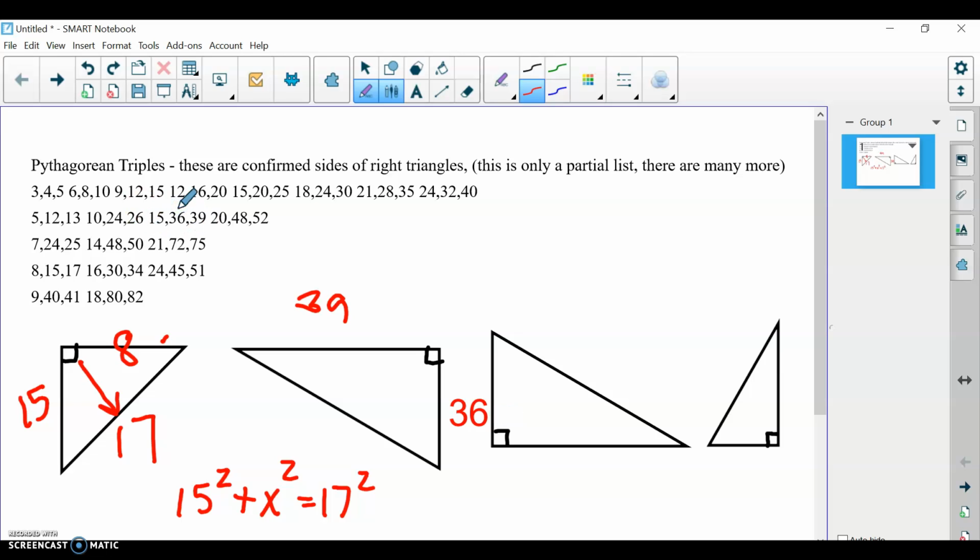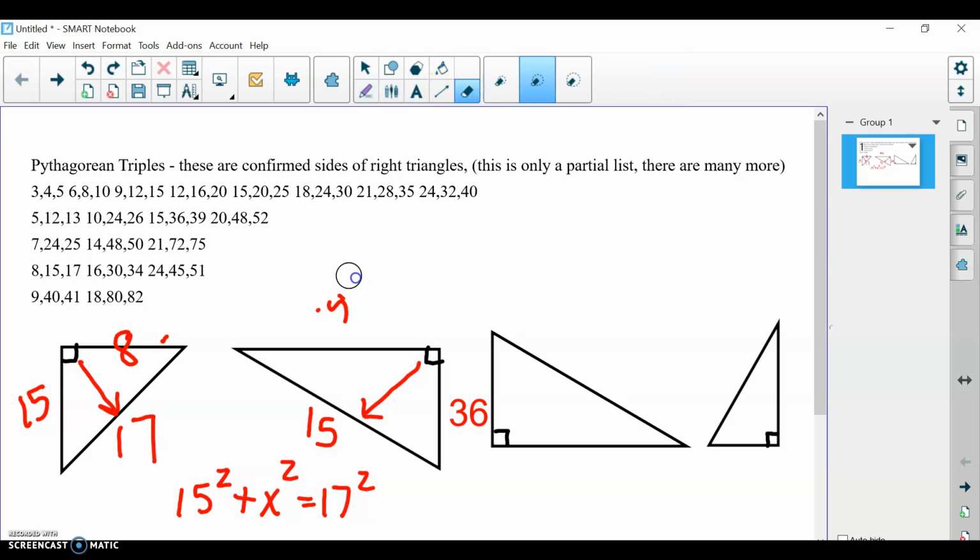But my third piece says it should be 15. The hypotenuse is what I'm looking for. Is that going to be a 15? No, that doesn't make sense. So even though 39 and 36 were on my Pythagorean triple list, I can't use it in this case, because the biggest of the three numbers needs to be your hypotenuse.